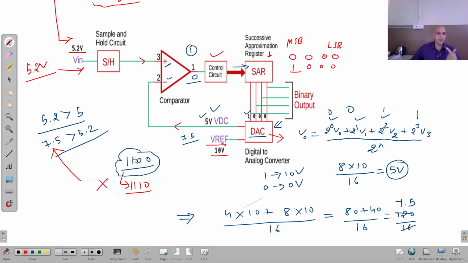But the SAR will make this bit 0 and proceed to the next bit. I mean, it will now generate 1010. It means this bit is now made 0 and the next bit is set, giving 1010. Now when it is set to 1010, what will be the corresponding output?